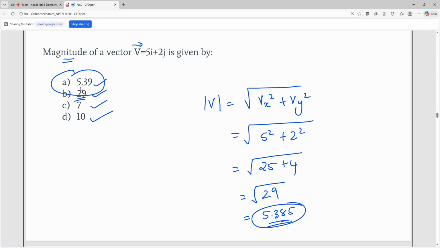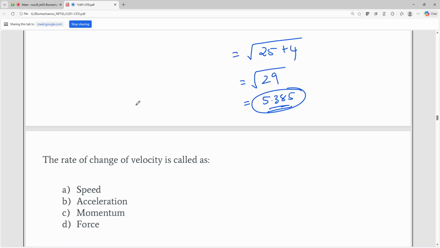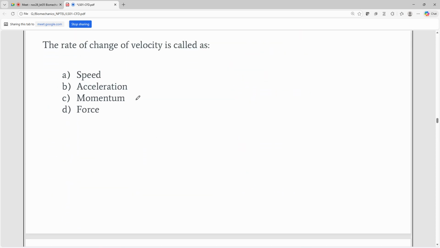Square root of 25 is 5, and square root of 36 is 6. So there should be some value between 5 and 6. So the only option here is option A, 5.39. Now these kind of simple questions coming back to back, you can easily answer. But in an actual exam, this will sometimes prove to be tricky.